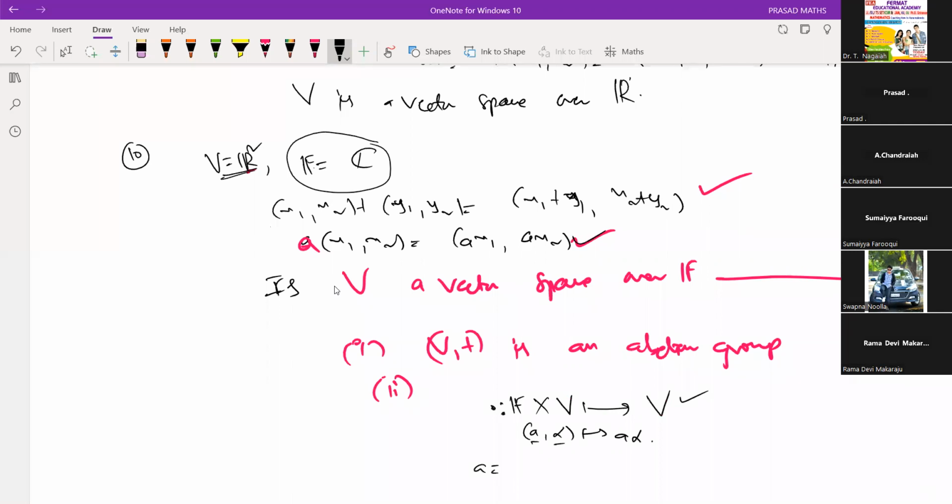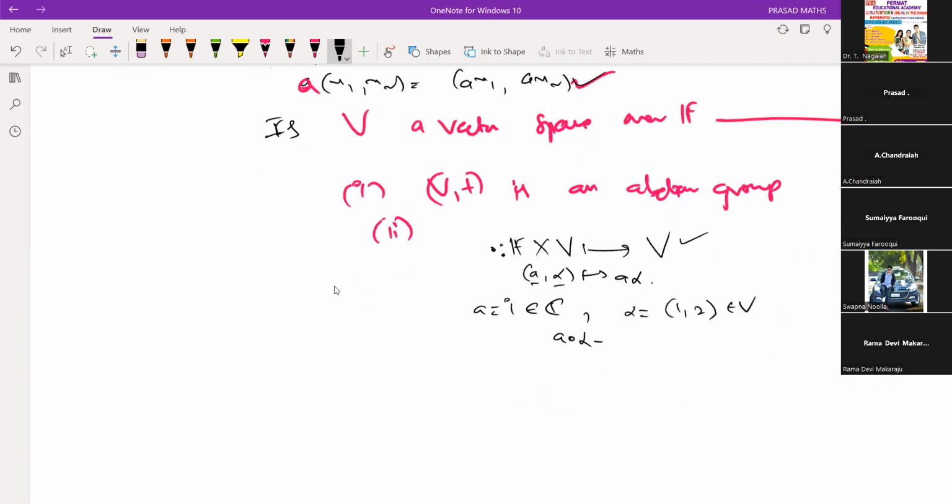Why? Because I can take a equal to i, a complex number, which is an element of the field. I can take alpha equal to (1, 2), which is an element of V. What about a into alpha? a into alpha is i into (1, 2), which by the definition is (i, 2i).